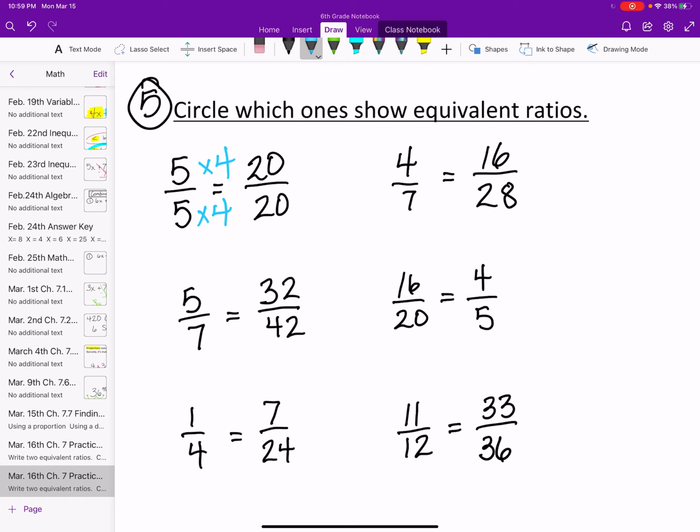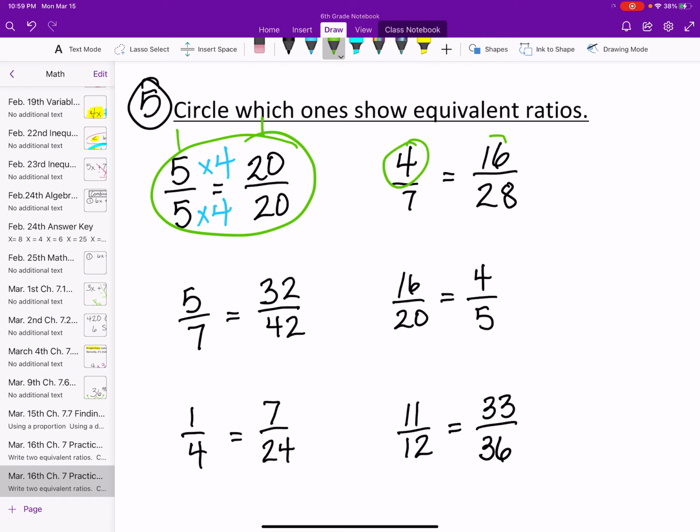They were multiplied by the same thing on top and bottom, so it is an equivalent ratio. I'm going to circle it. You could also just look at this one and know that 5 over 5 is 1, the same way as 20 over 20 is 1. So 1 does equal 1. Yes, they are equivalent.